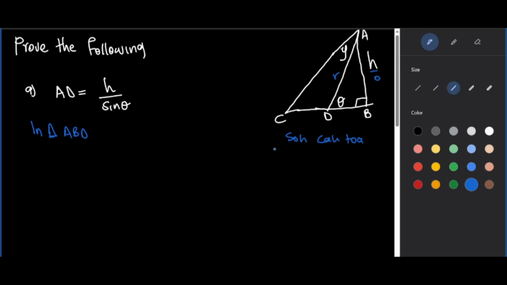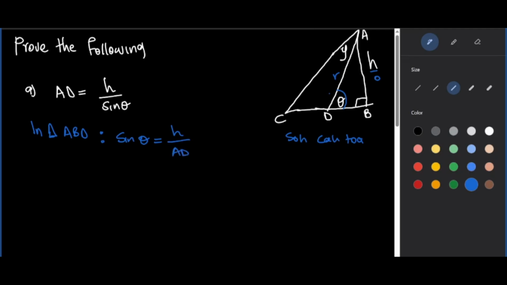Exactly. So the sine of theta in triangle ABD is equal to opposite, which is h, over hypotenuse, which is AD. It's h over AD.